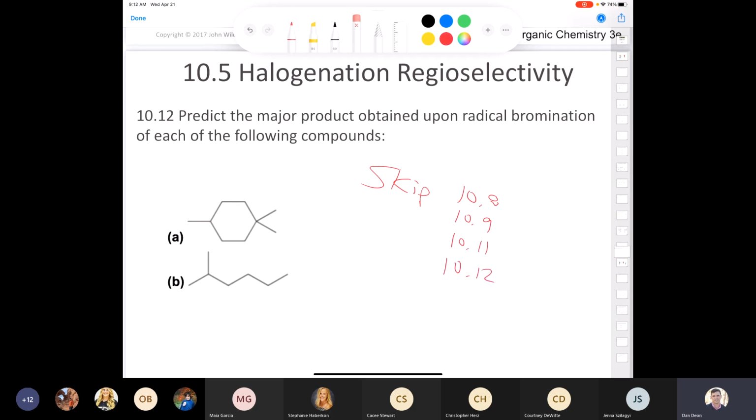So you don't have to read those sections. You can, of course, if you have an inquiring mind, but we are going to skip those sections. So we're going to cover 10.6 and 7, and then we're going to take a look at section 10.13. So we only have 3 more sections to look at, and then the rest of the class on Friday we will spend looking at problems wherein we apply the concepts that we looked at in this chapter.